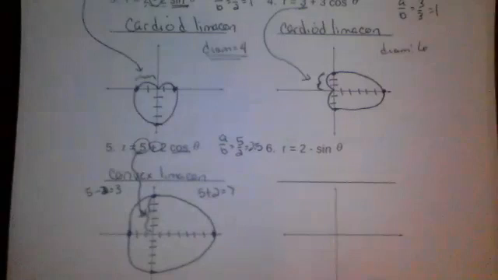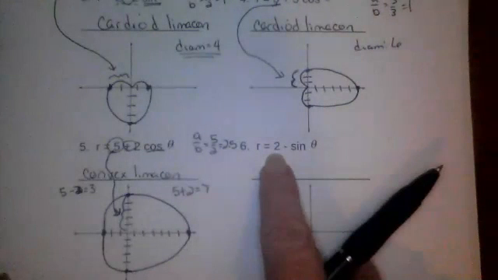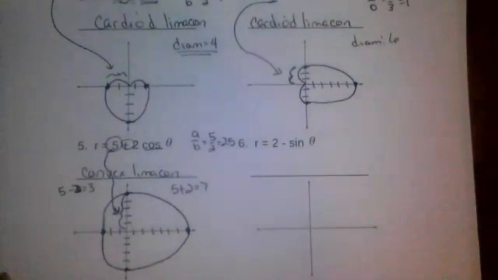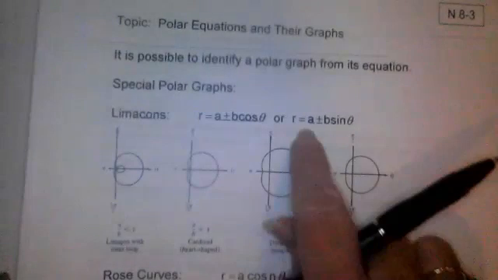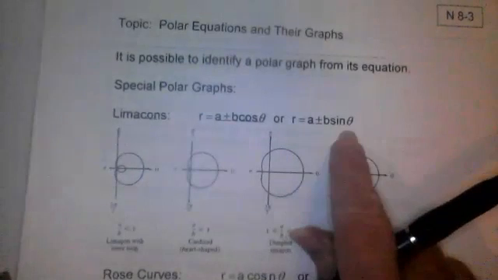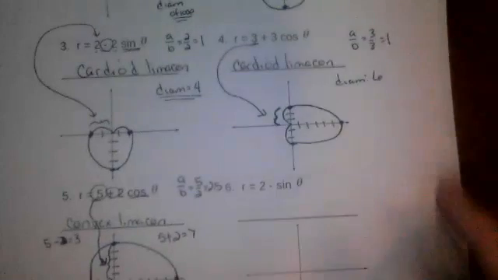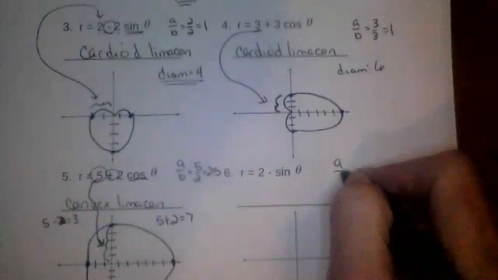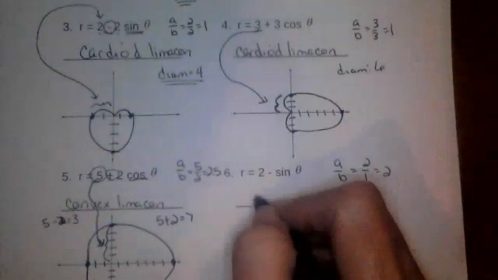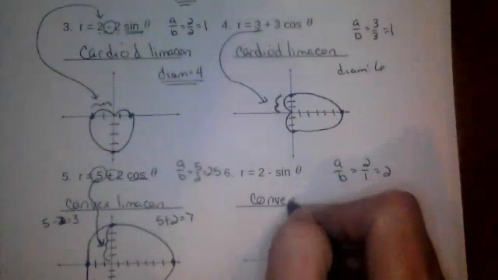All right. This one is 2 minus, this is understood to be a 1 sine theta. So we're still 2 minus 1 sine theta, still have a limacon. This one, we have a over b is 2 over 1, or 2. So this one is a convex limacon.